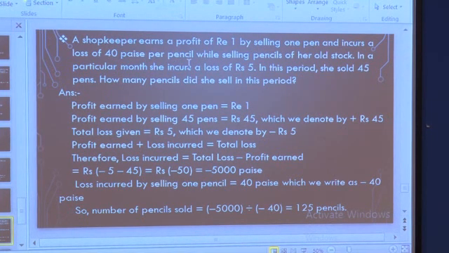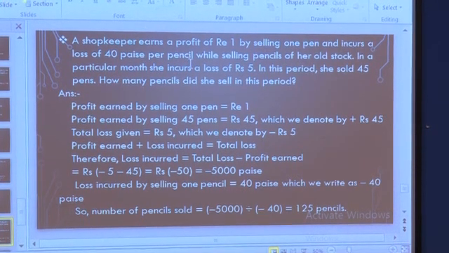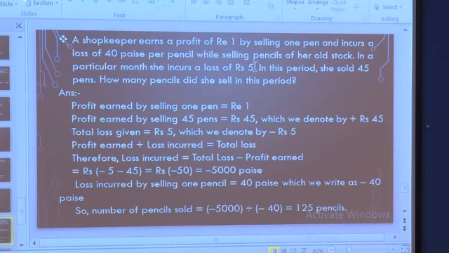Means when he sells one pencil he gets a loss of 40 paise. While selling pencils of her old stock in a particular month, she incurs a loss of rupees 5.